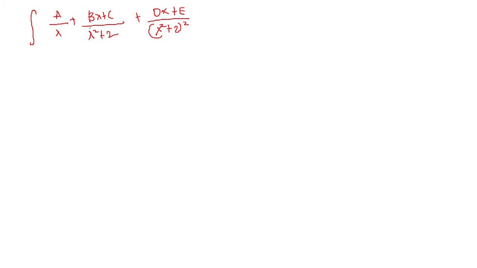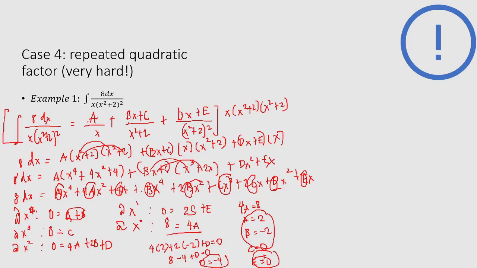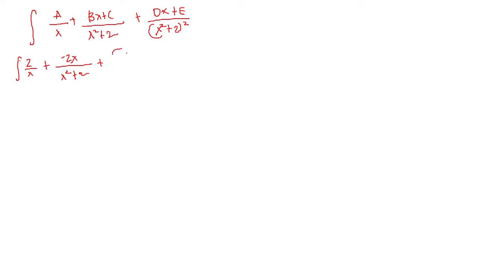So our values: A is 2, plus B is negative 2x plus C is 0, so just negative 2x, plus Dx plus E, just negative 4x since E is 0. So this is negative 4x all over x squared plus 2 squared.